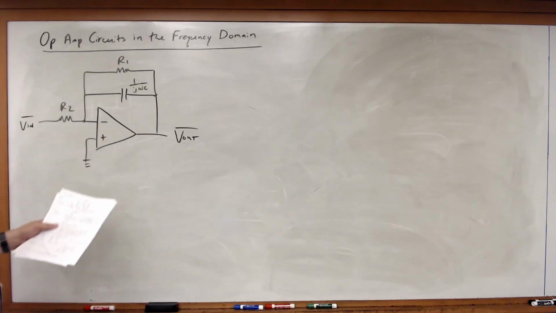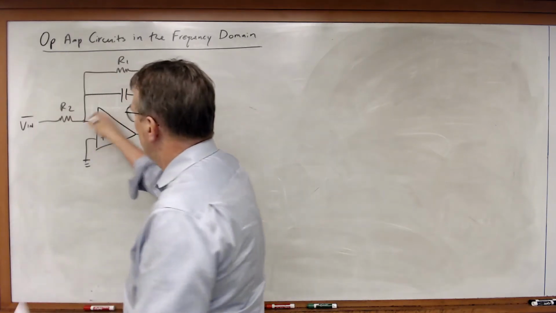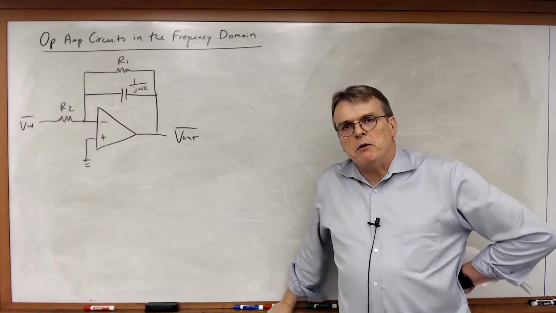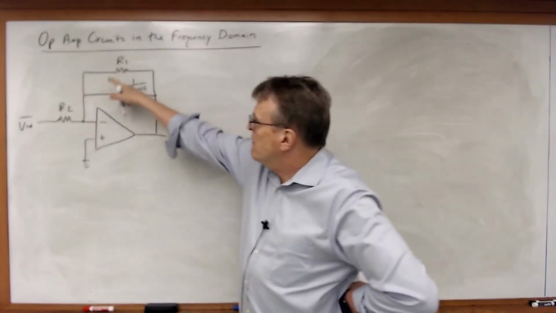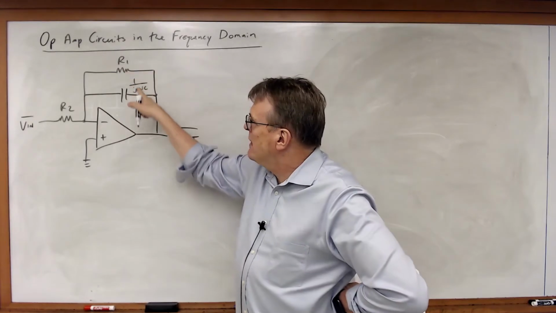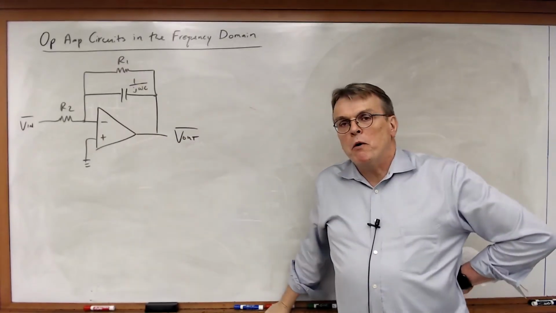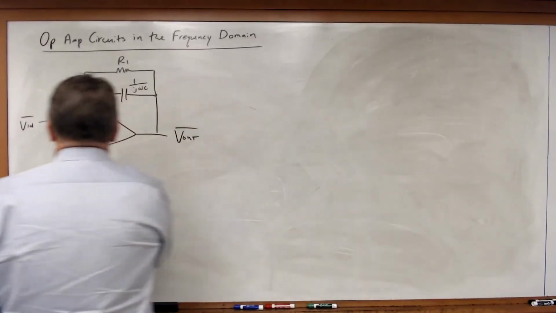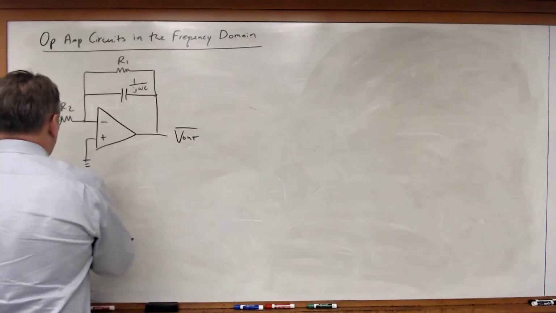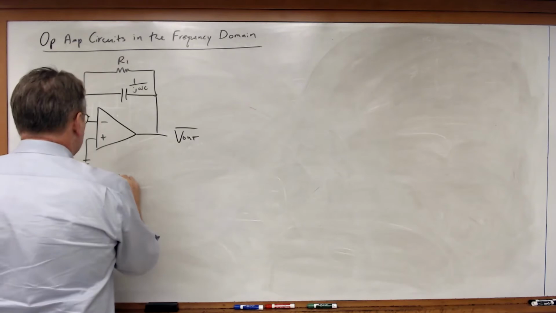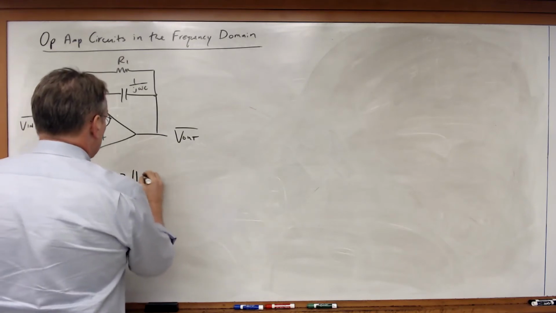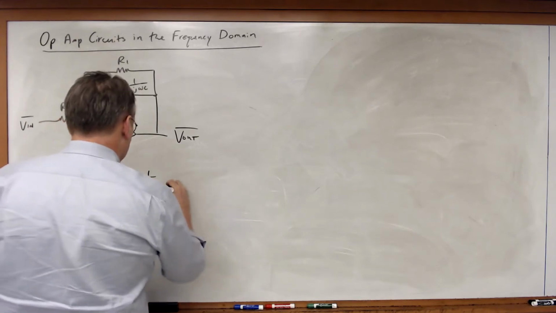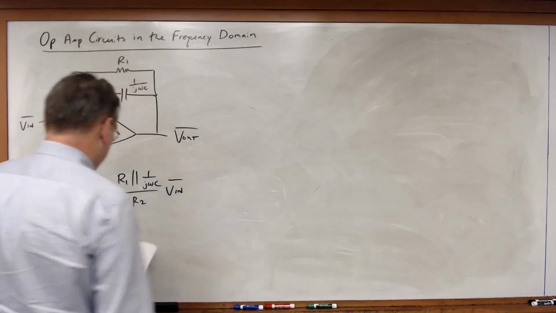Now, in this case, I've still got the same form as that inverting amplifier configuration we looked at before. Only now the feedback impedance is R1 in parallel with 1 over j omega c. So V out will be equal to minus R1 in parallel with 1 over j omega c, divided by R2, times Vn.